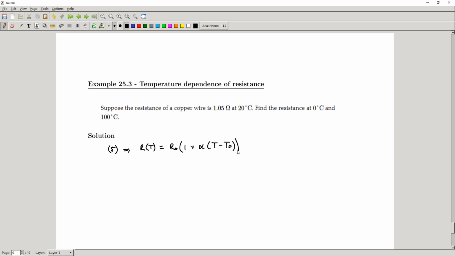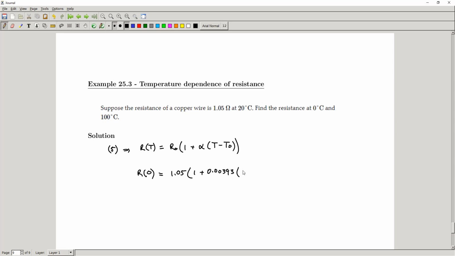We're going to have to look up a few values here. For the first one, we want to find R at 0 degrees, and we're told what our resistance is at 20 degrees Celsius. We need to look up what alpha is for our copper wire, and if we scroll up, we're going to find our alpha. That's this value here, from table 25.2.